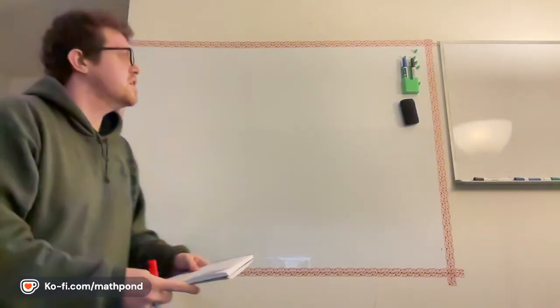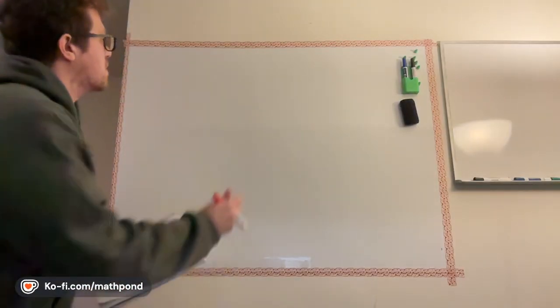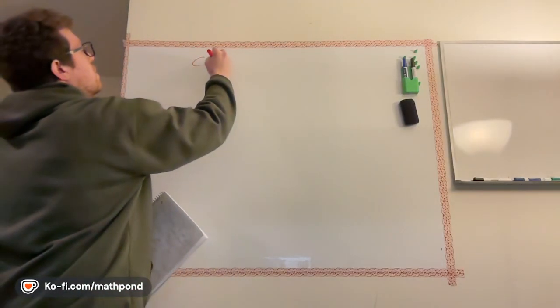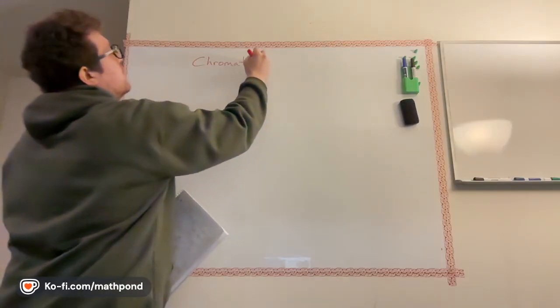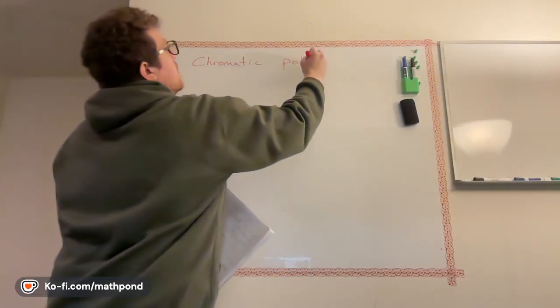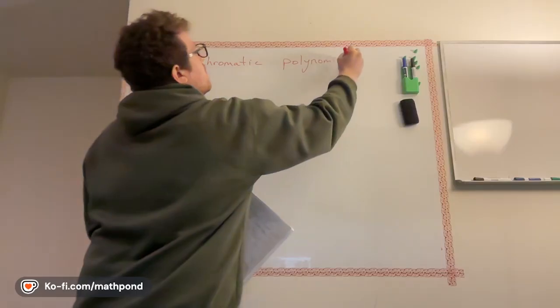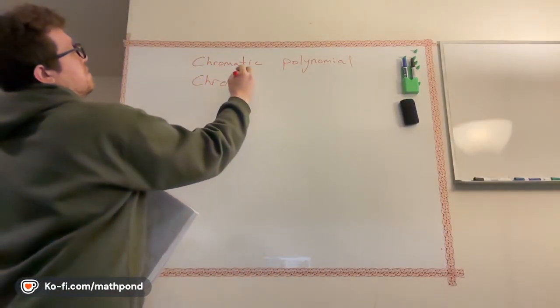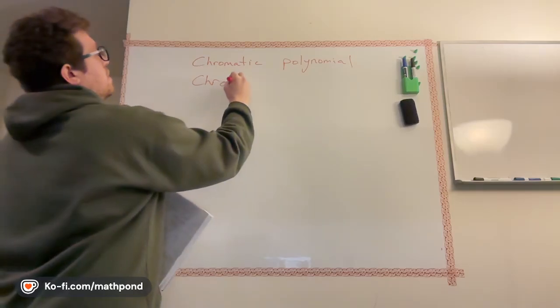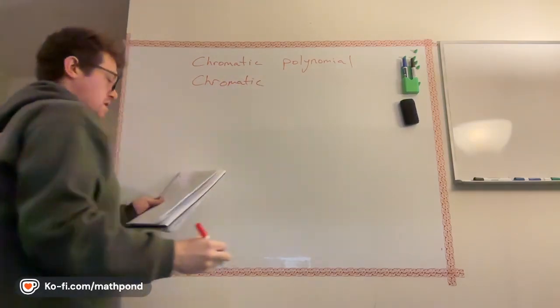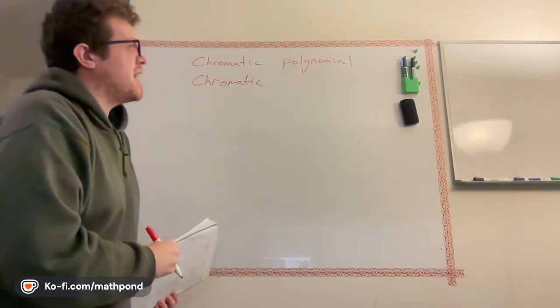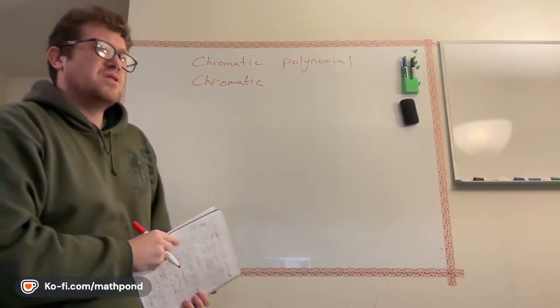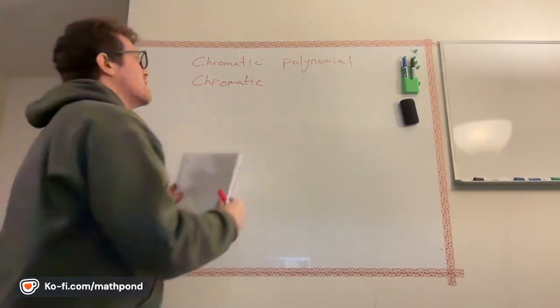I believe it's called the chromatic polynomial for a graph, but there's also a homological version, which is, I forget the exact name, chromatic graph cohomology, I want to say.